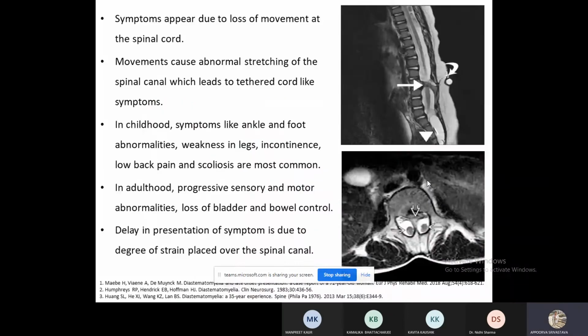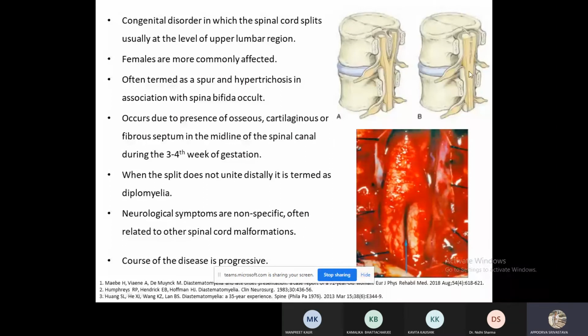Next is, in these figures, in the first figure, if the transection is towards the end of the spinal canal, then it is termed as diplomyelia, whereas this is termed as diastematomyelia.